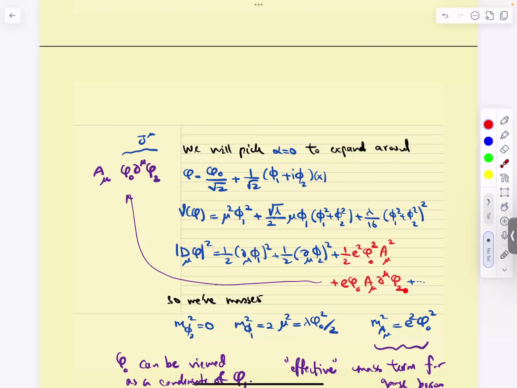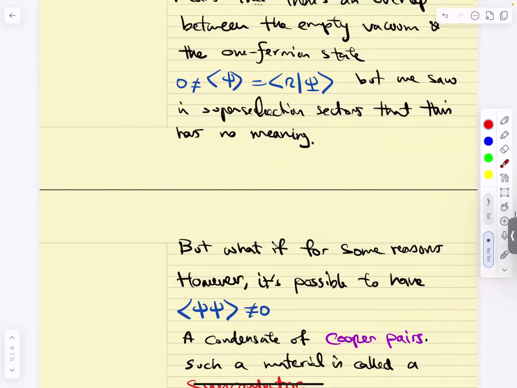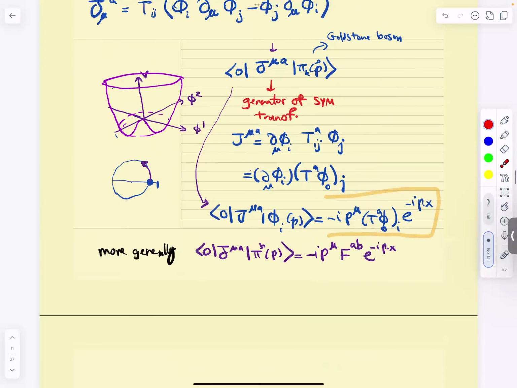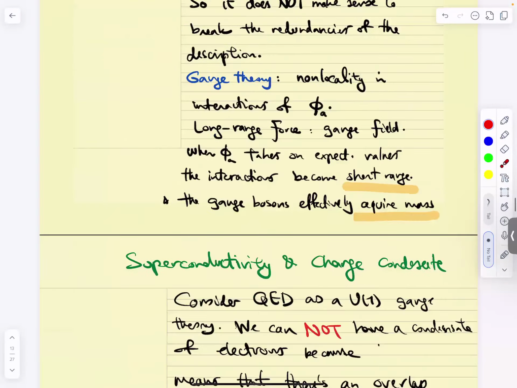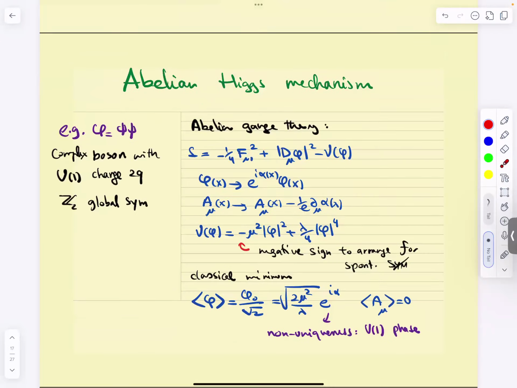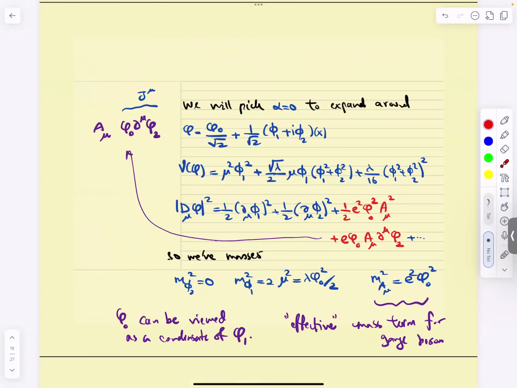Do you see where they come from? This is just J mu. Phi naught del mu of phi 2 is J mu, right? Let's look here. That's why I did the previous exercise. So forget about this. Phi 0 del mu of phi 2 is the current, J mu. So here's a mass term for the gauge boson, which is e squared phi naught squared.